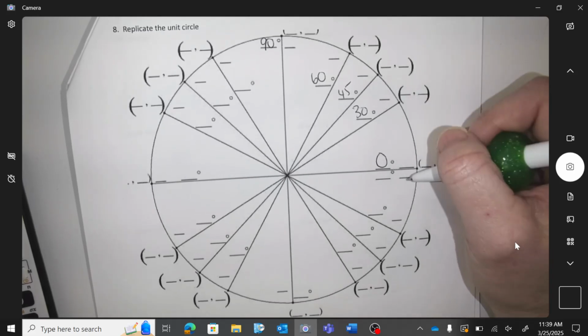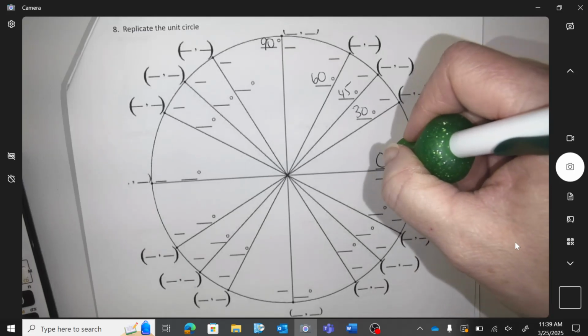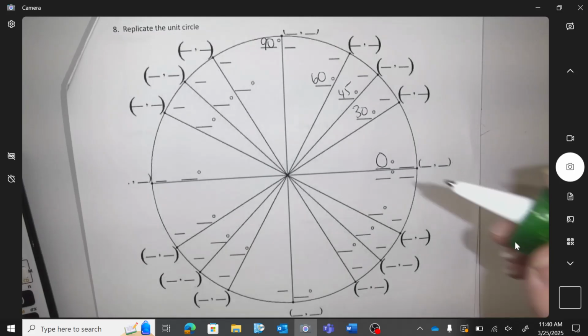And the reason there's another line there is because my grade 12ers have to write it in degrees and in radians. But that's in grade 12.